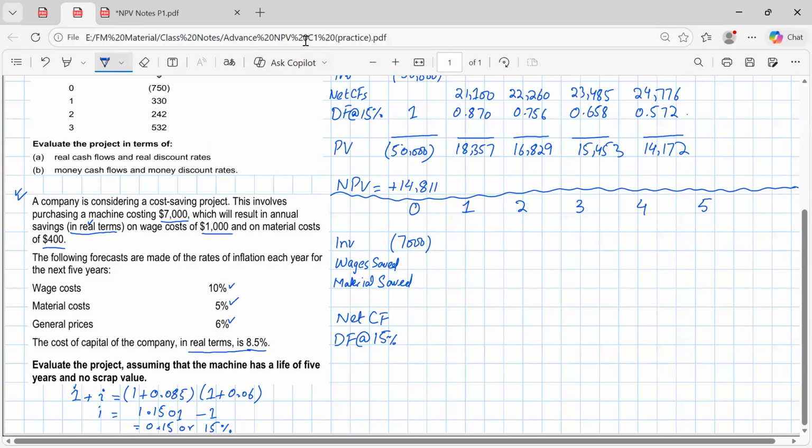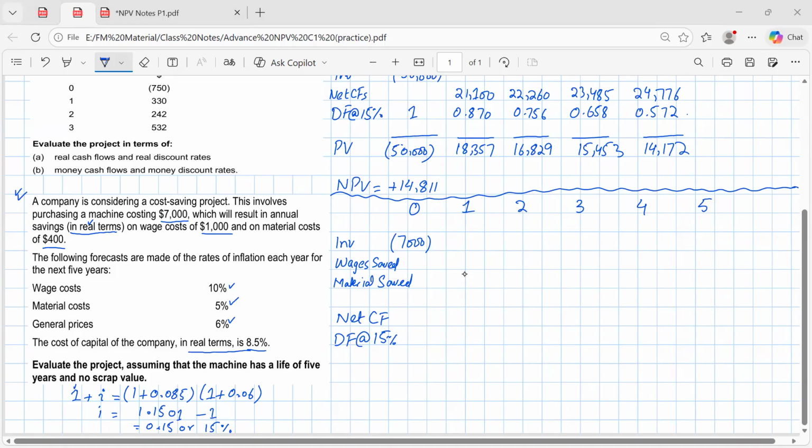How do you inflate them, Preeti? By multiplying them with the inflation rate, right? Yes. Now, which inflation rate will you use for the wages saved? First, we are talking about the wage cost. Which inflation rate are you going to use? 15%? Well, I cannot see 15% anywhere. Oh, sorry, 10%.